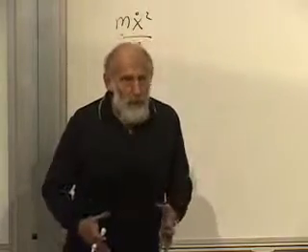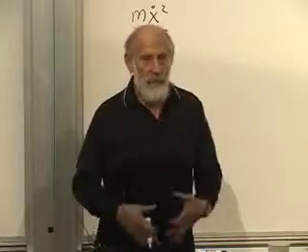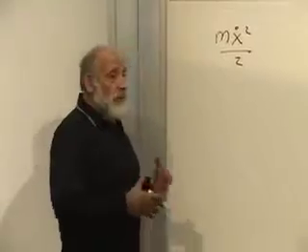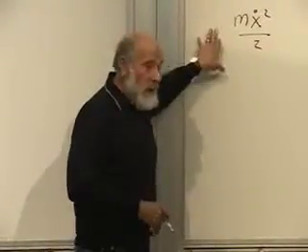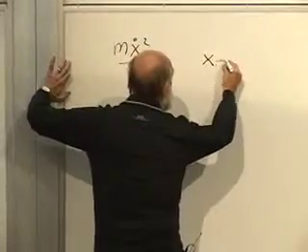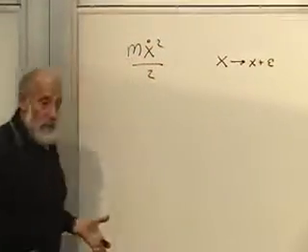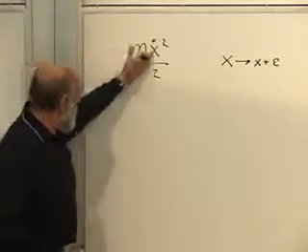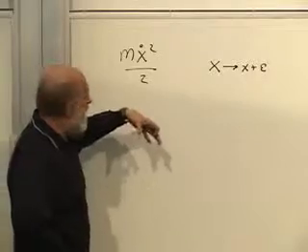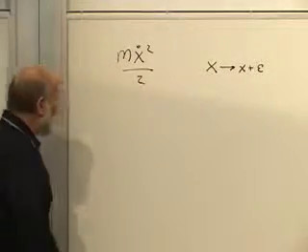Conserved quantities include things like momentum. So momentum is a special case of a conserved quantity under certain conditions. What are the conditions under which momentum is a conserved quantity? It's the condition that the Lagrangian not change if you shift the coordinate by an amount epsilon. If you shift the coordinate, x dot doesn't change. And using Noether's theorem, which we talked about last time, you can prove that m x dot is conserved.